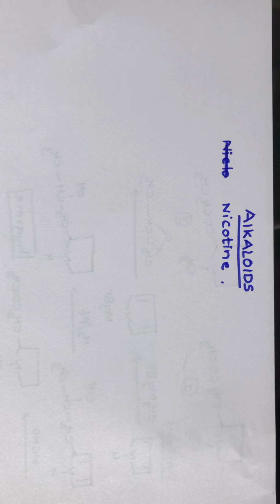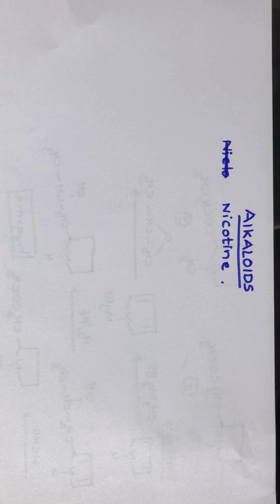Second one is nicotine when treated with methyl iodide. It forms a dimethiodide and two monomethiodides. It does not react with acetyl chloride.